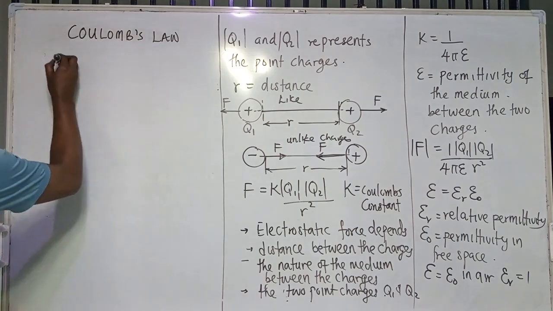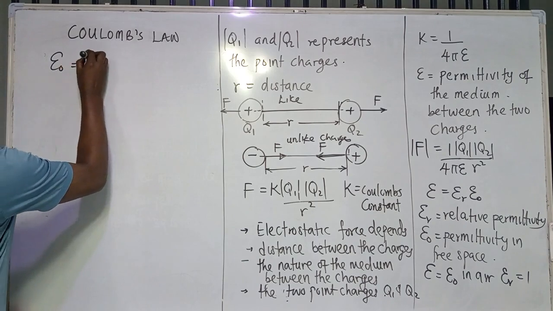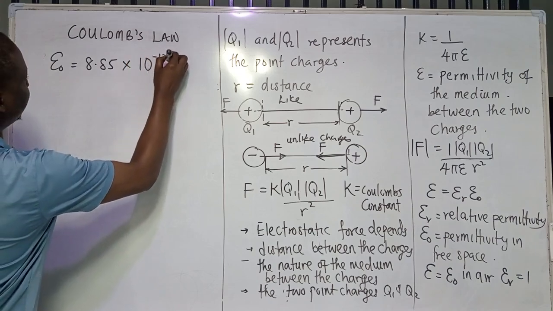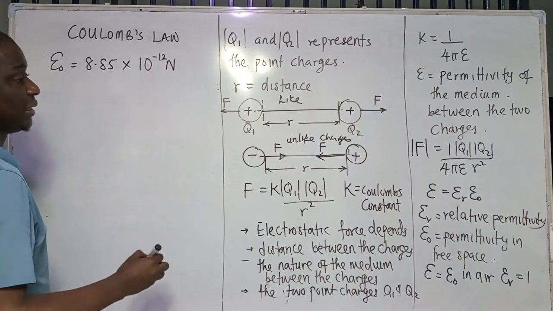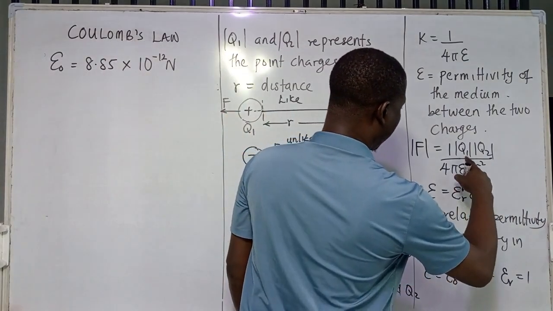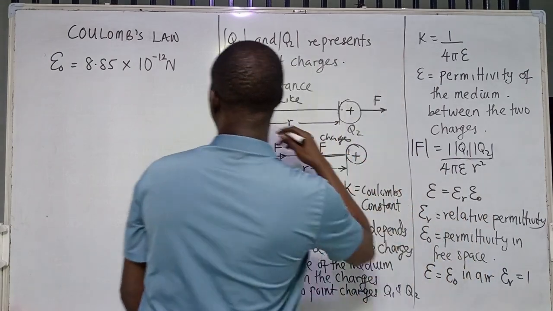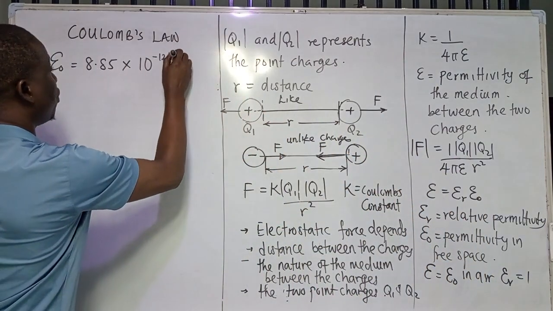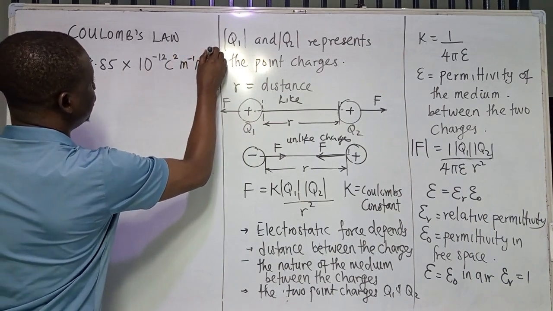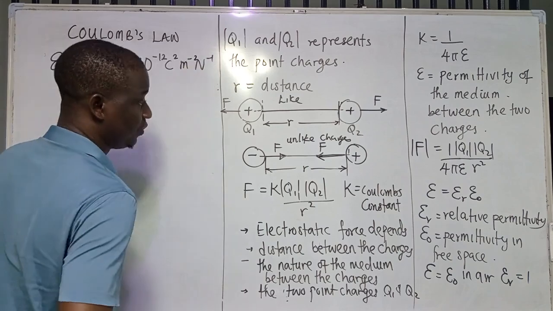Don't forget that epsilon naught is 8.85 times 10 to the power minus 12 Newton. If you make epsilon the subject of the formula, you are going to have Coulomb squared per meter squared per Newton.